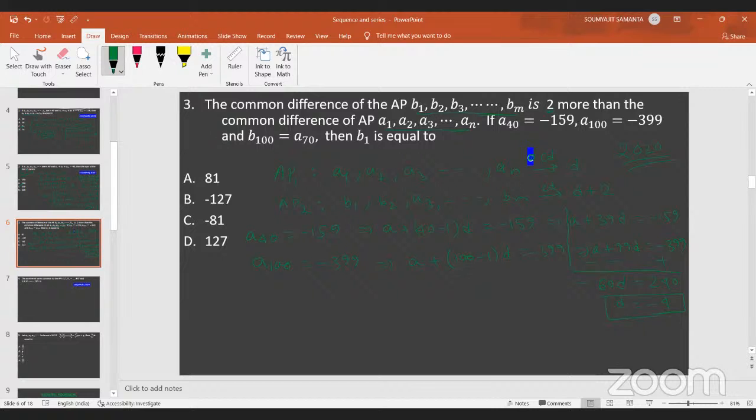Now put it in any one of the equations. Let's say I am putting it in this equation: A plus 39 into minus 4 is minus 159. So A is nothing but minus 159 plus, is it right?